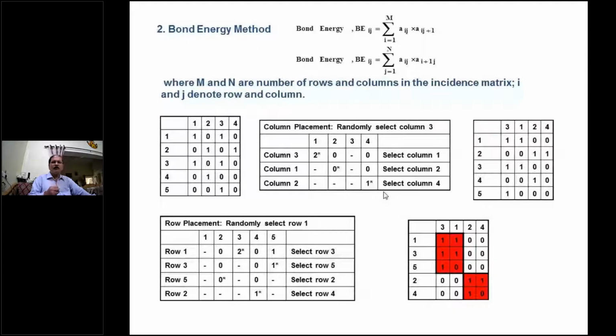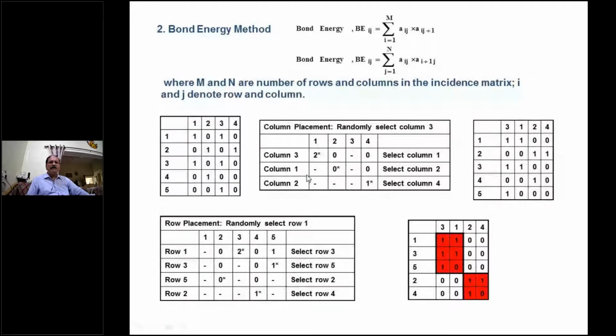If they are closely bonded, they will be in one block, right? So what we find here, you see there are 5 machines, 5 rows and 4 columns for the parts. Now first we arrange the columns.